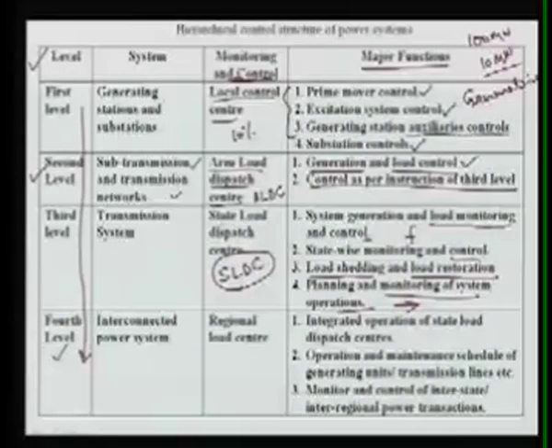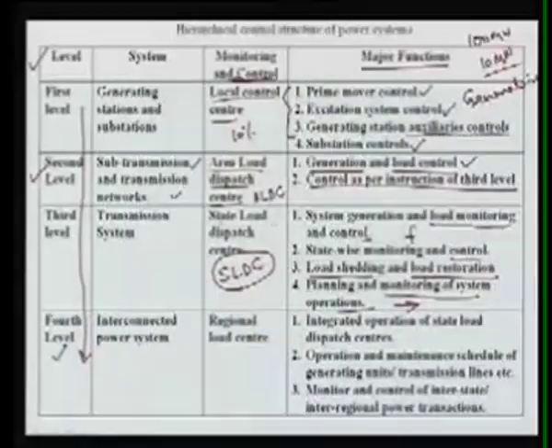Based on that, they give this information to the various levels, level number 2 or level number 1, accordingly. So they are the base heart of the individual state. They get information from the fourth level, and that information is passed on to the second and first level for smooth operation of the power system.